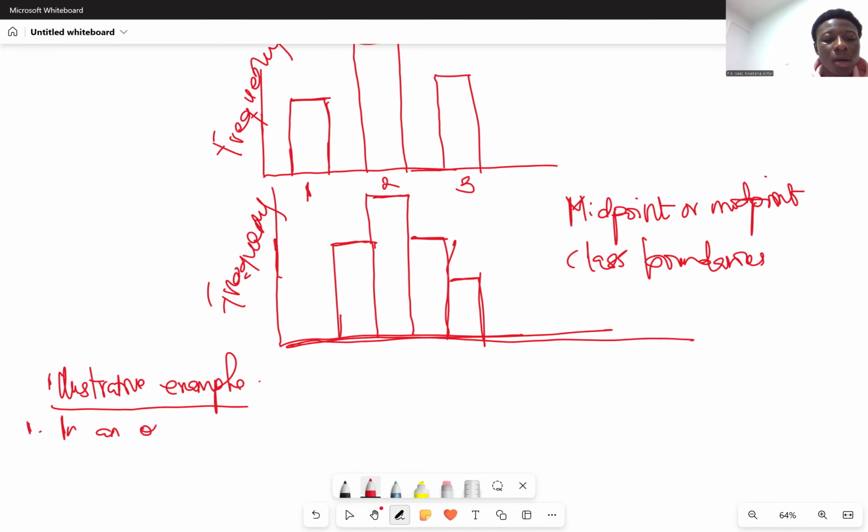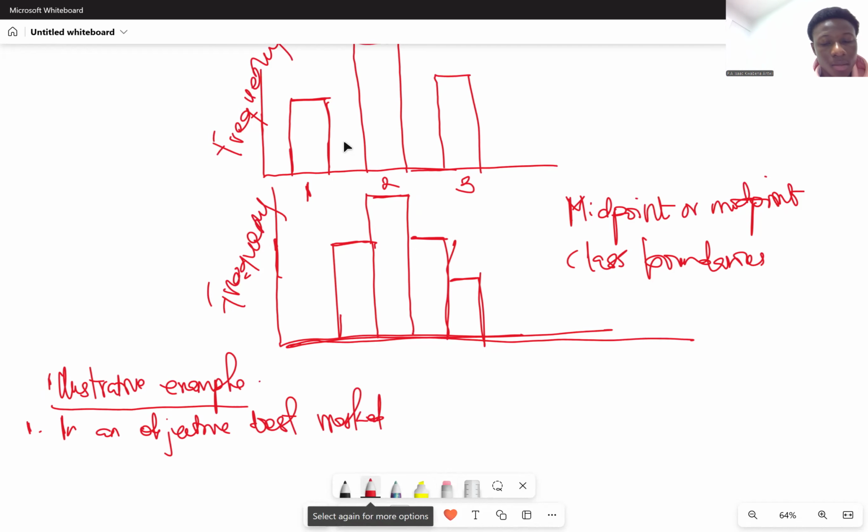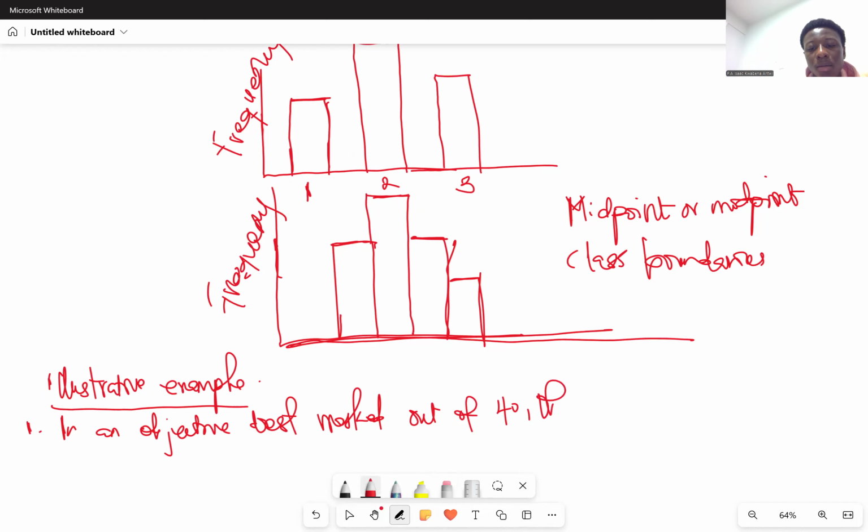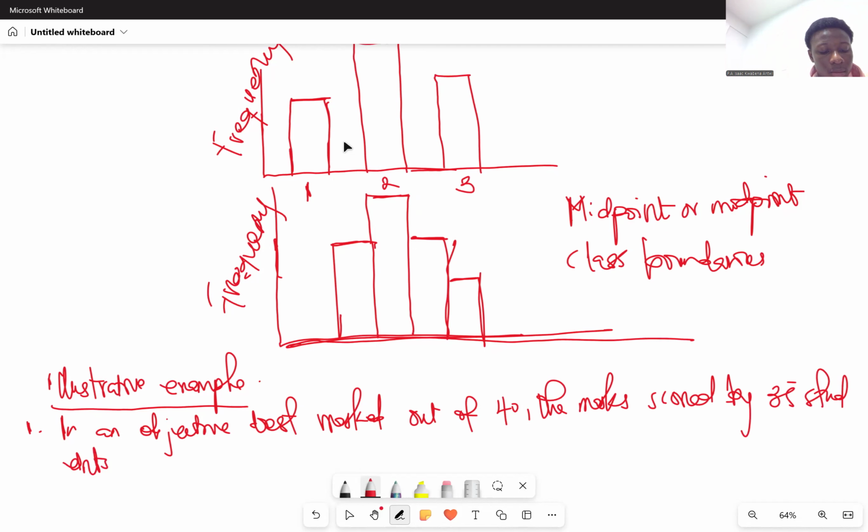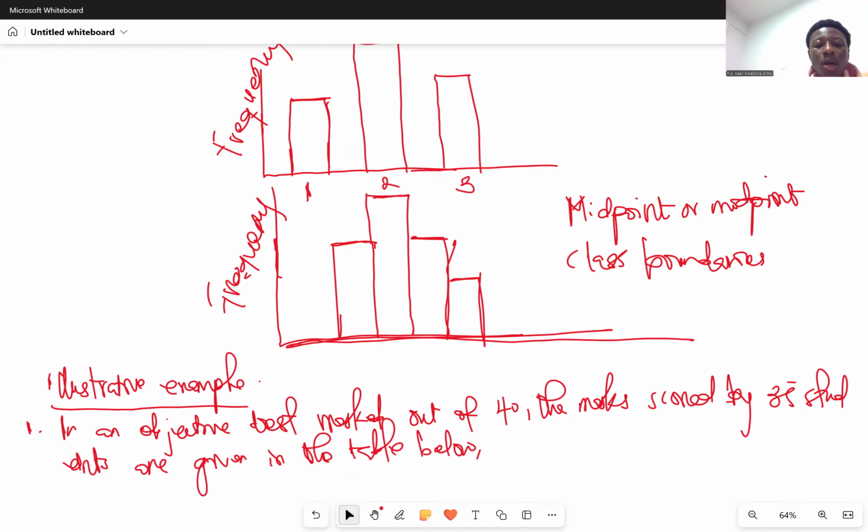In an objective test, marked out of 40, the marks scored by 35 students are given in the table below. So we'll put up the table here.